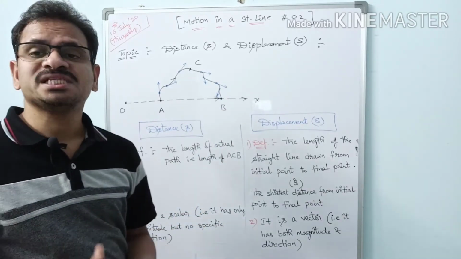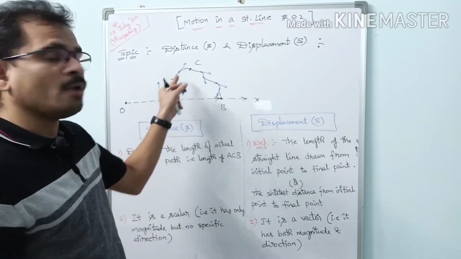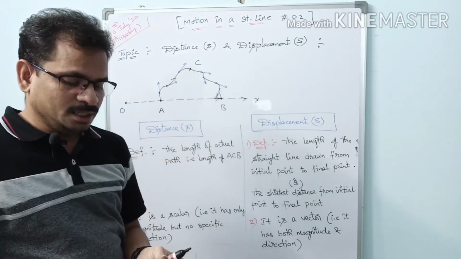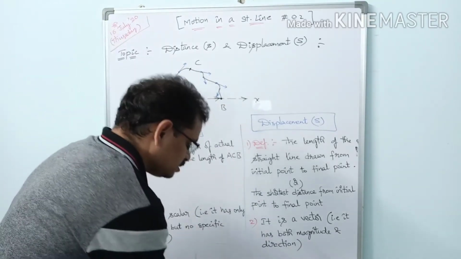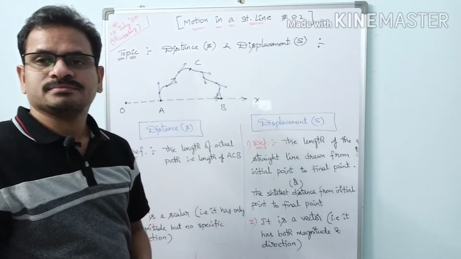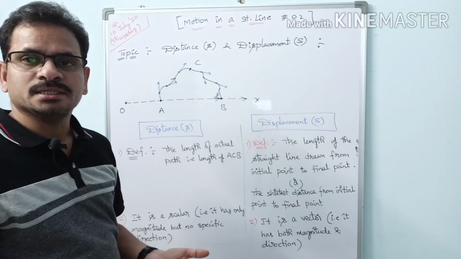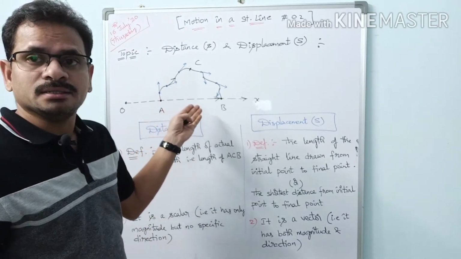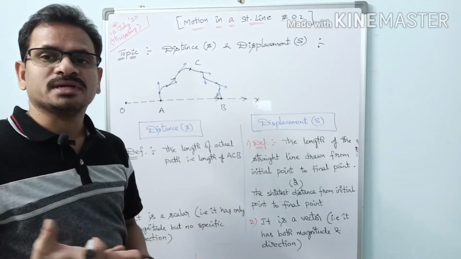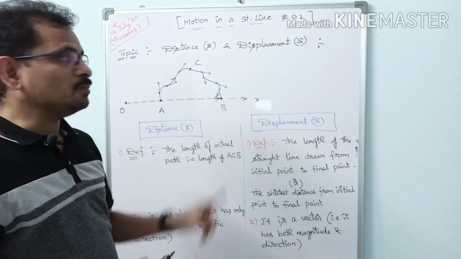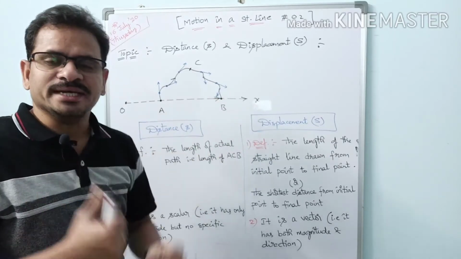So there is no specific direction at different points along the actual path. The directions of motion are not the same, so we cannot say the particle is moving in a specific direction. Magnitude is there, but a specific direction is not.